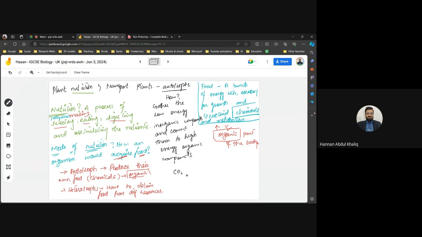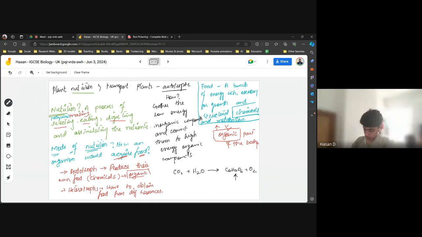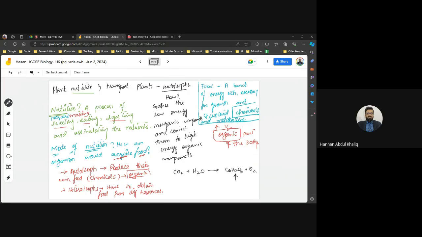Suppose this is an inorganic compound, carbon dioxide. This is an inorganic compound, water. They would combine them and convert them into the high energy compound, this one. What is the name of this compound? Glucose.